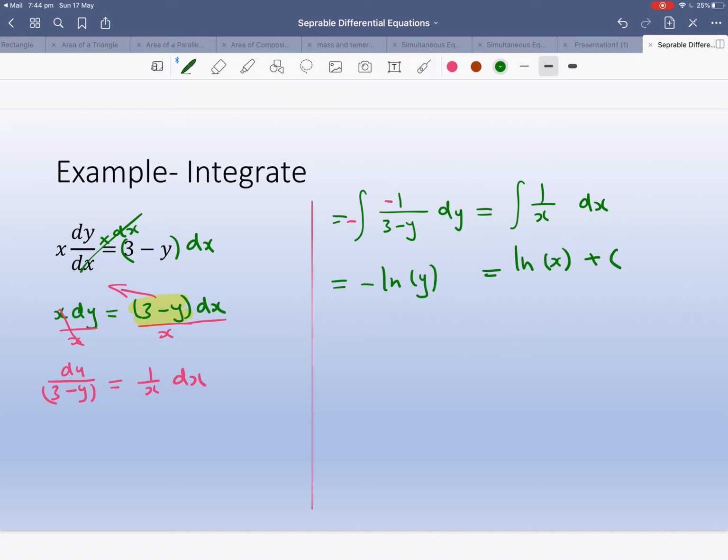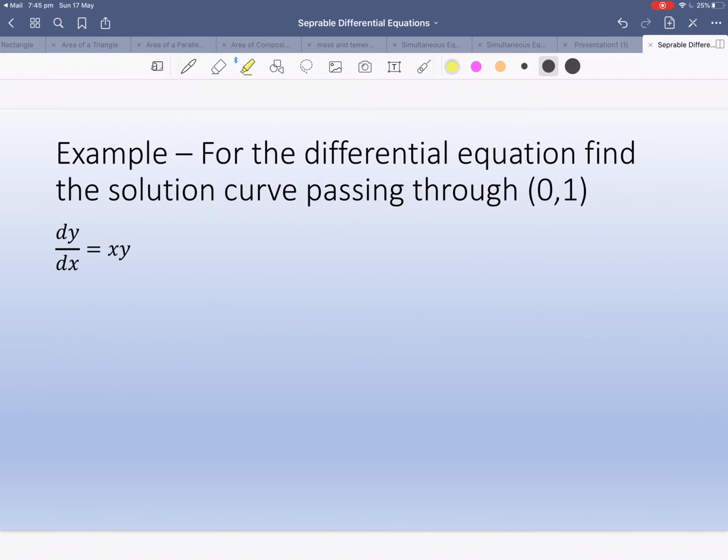And then I'm not going to do a plus c because we have a plus c here. That's enough for both sides. Okay, so essentially what we're doing is separating dx and dy, and then putting dx's with x's and dy's with y's.